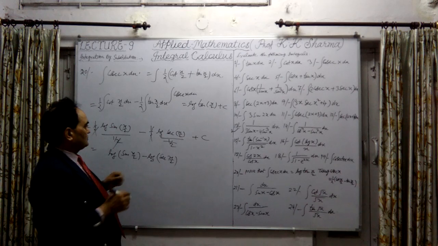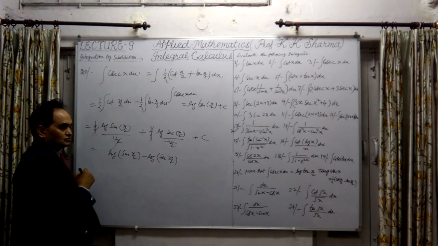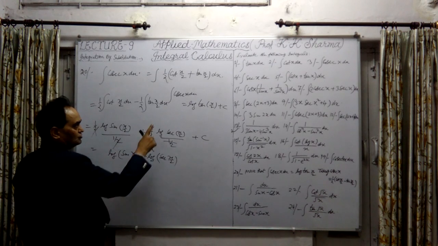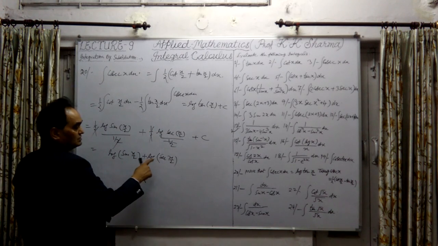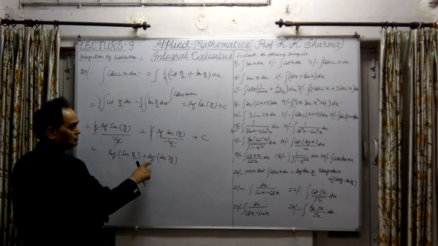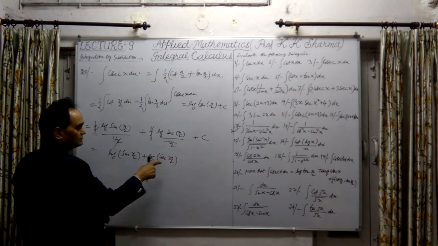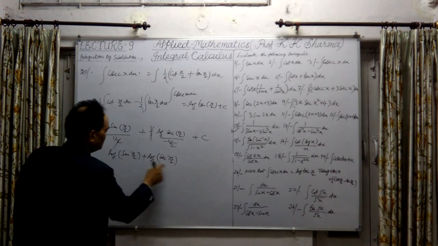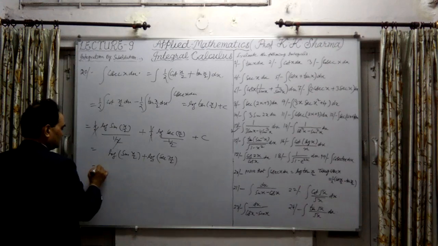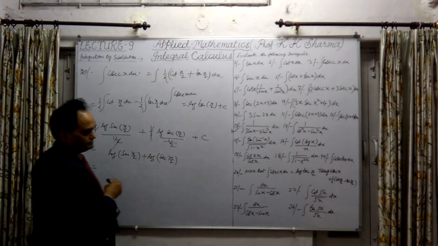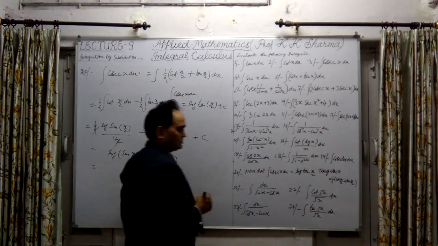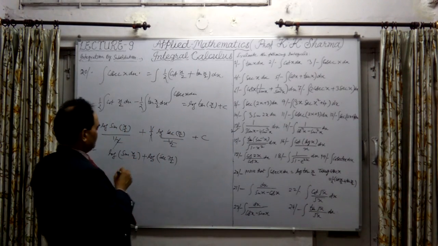The integration of tan x by 2 is log secant x by 2, and we divide by 1/2. Sorry, this is a plus sign there.